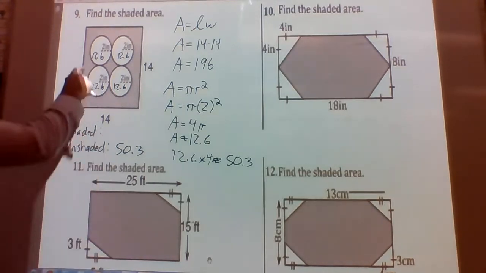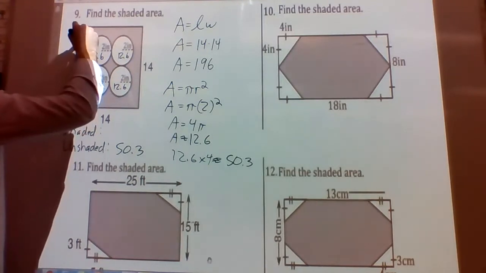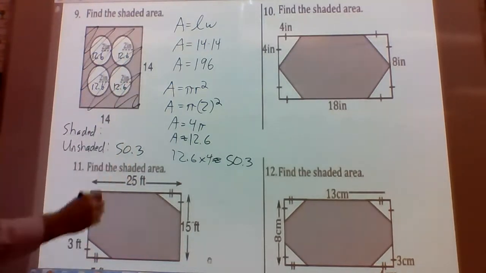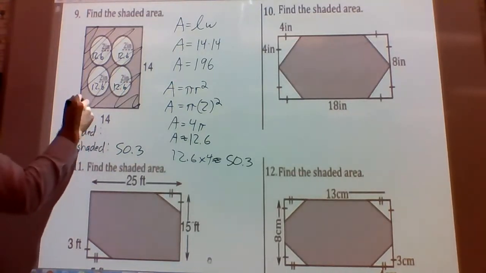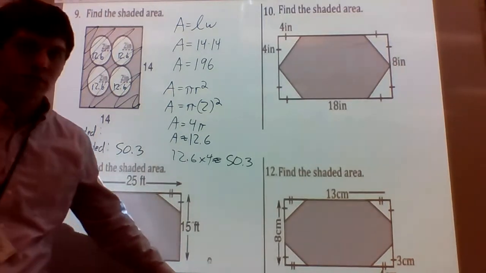The rectangle has an area of 196, so all of this has an area of 196.